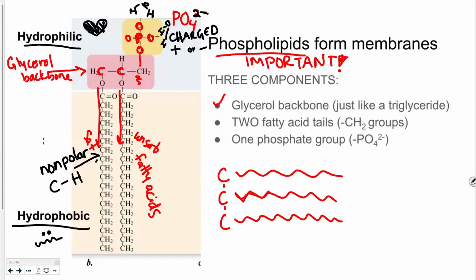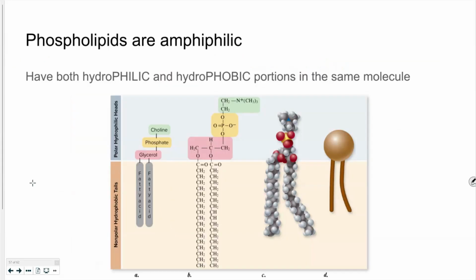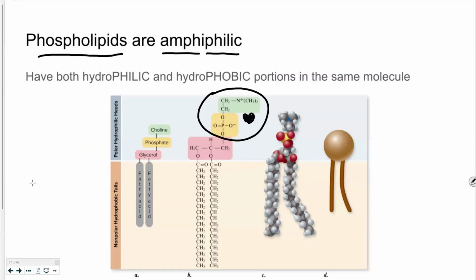But the fatty acids are going to want to be hiding from water because they're scared. Therefore, we say that phospholipids are amphiphilic because they are both hydrophilic and hydrophobic.